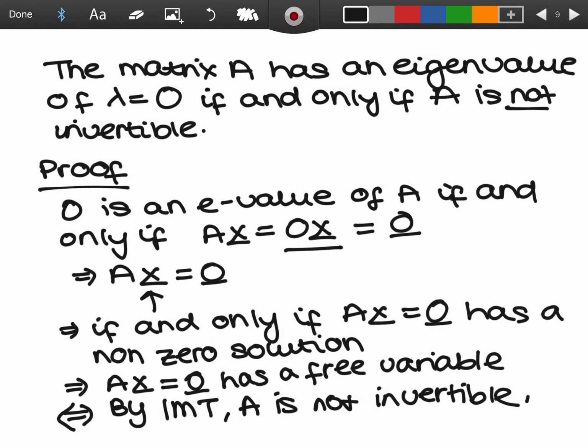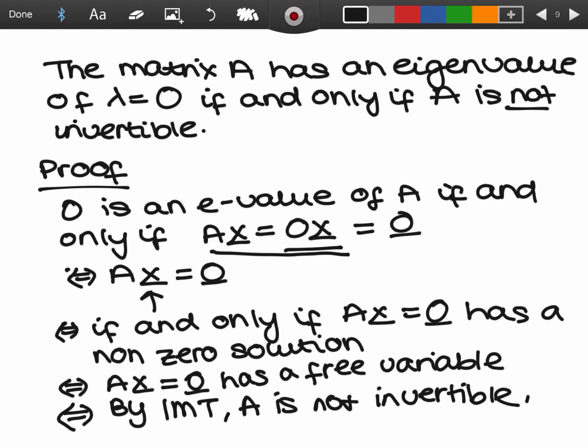Okay, now this works both ways. If A is not invertible, then we know from the invertible matrix theorem that A times X is equal to 0 has a free variable, which means that A times X is equal to 0 has a non-zero solution, which must mean that 0 is an eigenvalue of A because it would satisfy this particular equation. Okay, so it works both ways around.